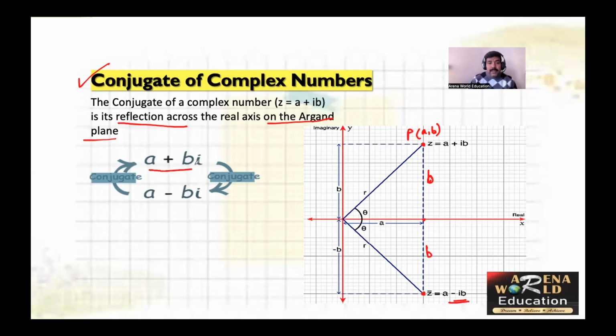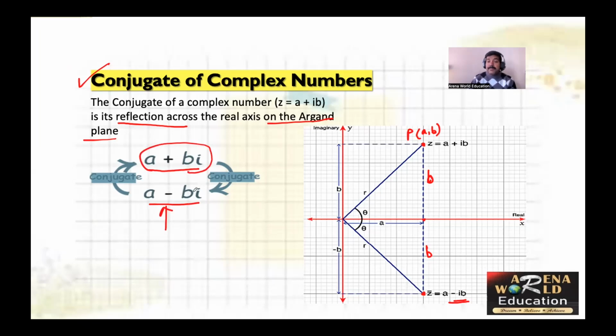This one, a plus iota b, is the given complex number. If we have to find the conjugate of a plus iota b, what will we do? We will simply change the sign of the imaginary part. Here, the imaginary part is plus b, right? So when we find the conjugate, its sign will be negative.